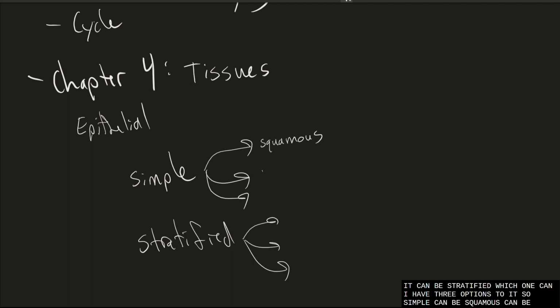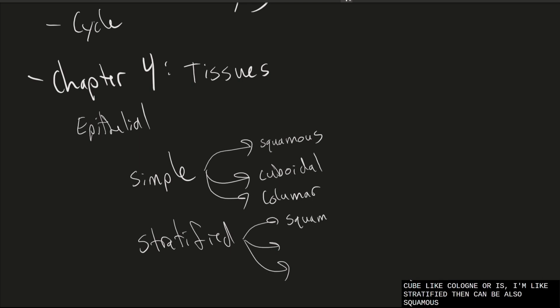Simple can be cuboidal. And simple can be columnar. Stratified, so simple is one layer. Squamous is flattened. Cuboidal is cube-like. Columnar is column-like. Stratified then can be also squamous, cuboidal, or columnar.